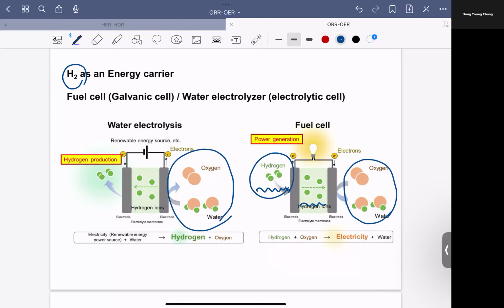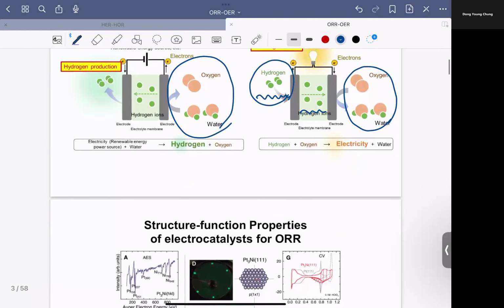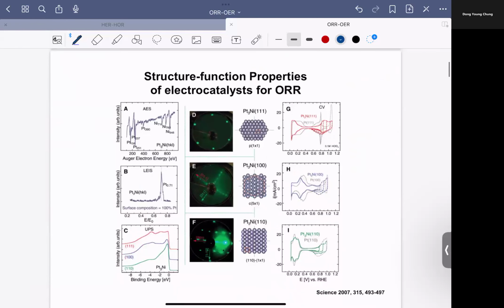So this oxygen chemistry is the counterpart to hydrogen, right? The overall performance is determined not only by the hydrogen electrochemistry, but also by the oxygen electrochemistry. That's the reason why we discuss oxygen reduction and evolution as one chapter. So let's dive into the oxygen reduction reaction.